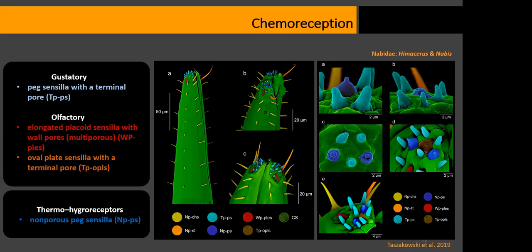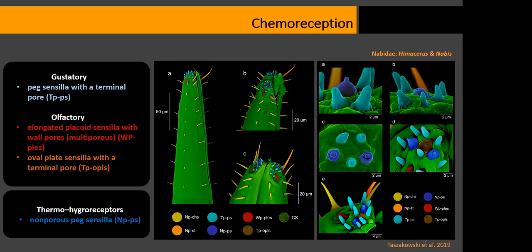Marked with a light blue color, peg sensilla with a terminal pore are responsible for the sense of taste. Elongated placoid sensilla with wall pores, red, and oval plate sensilla with terminal pore, brown, are olfactory organs.